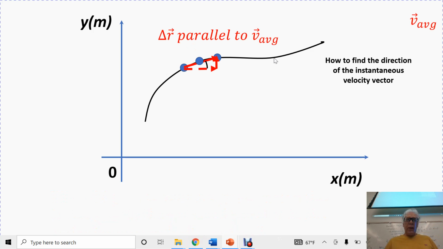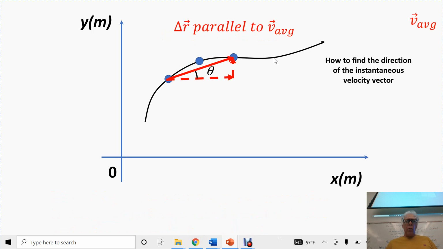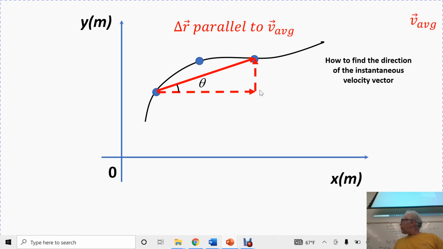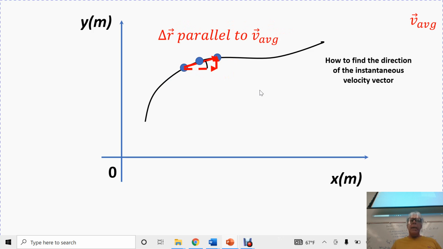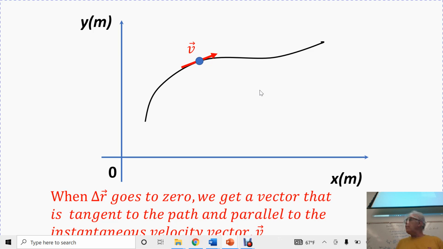So going back here. See the angle? The angle of the average velocity vector is what? The tangent of this angle here is delta y over delta x. As delta y over delta x goes to 0, we get a direction that is the direction of the instantaneous velocity vector.